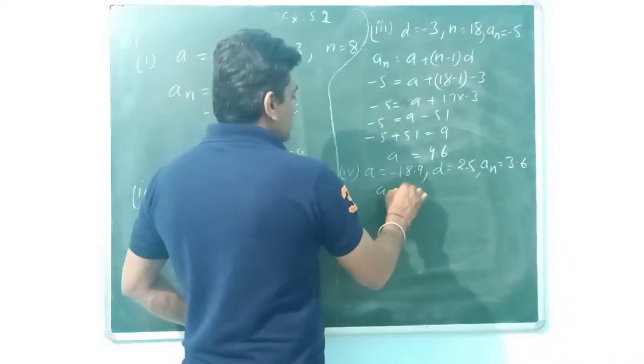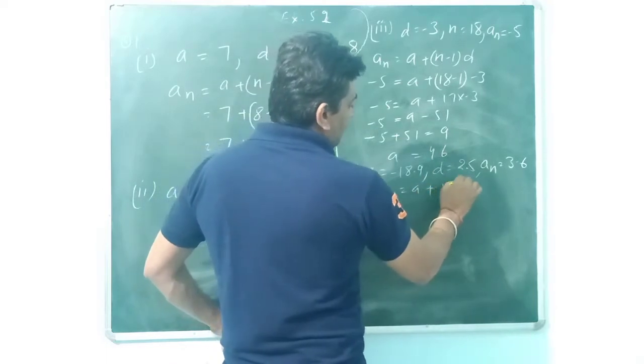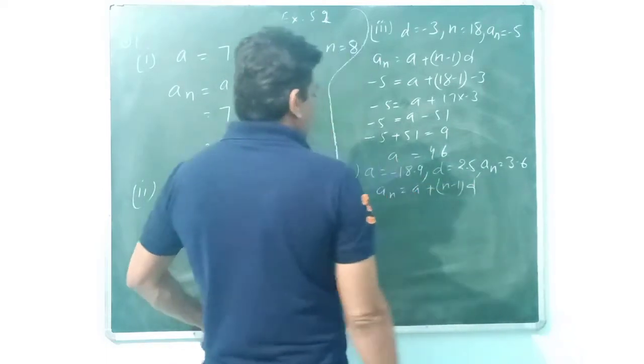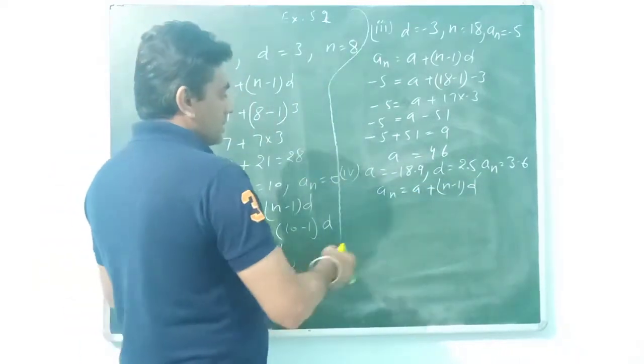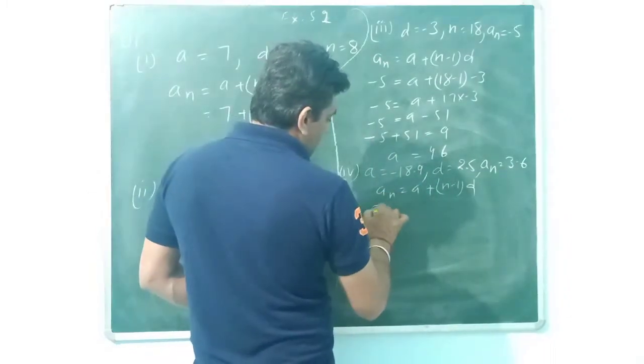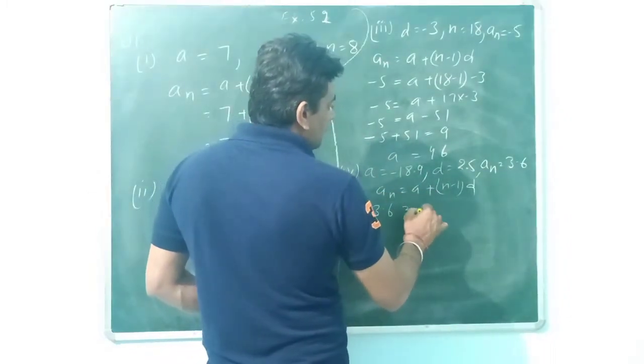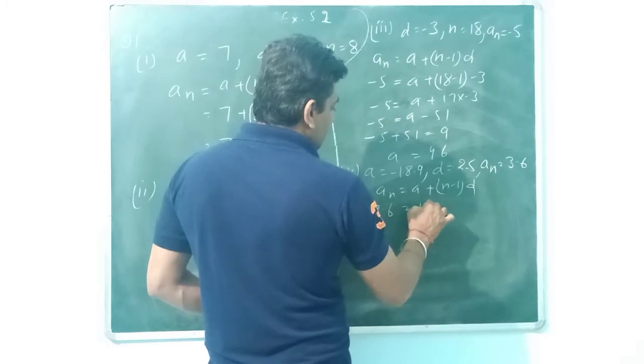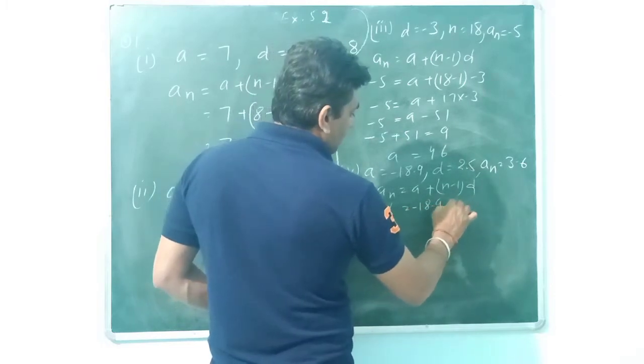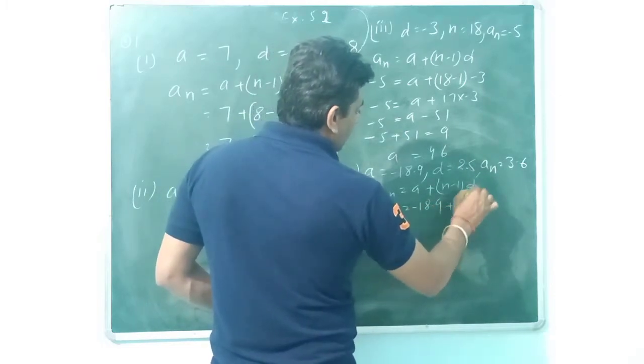Again An is equal to A plus N minus 1 into D. We have to find N this time. An is 3.6. A is minus 18.9. N minus 1 into D is 2.5.